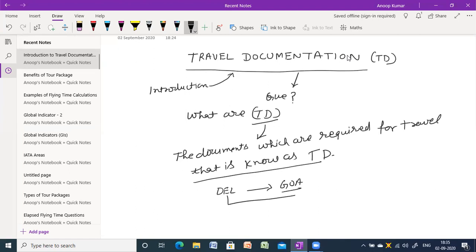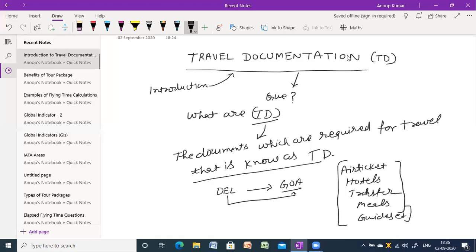So for going to Goa, first of all, you have to book your air tickets, you have to book your hotels, your transfers, your meals, and the guide service, etc. While traveling, you should have all these things with you, like an air ticket, or you may have a rail ticket.